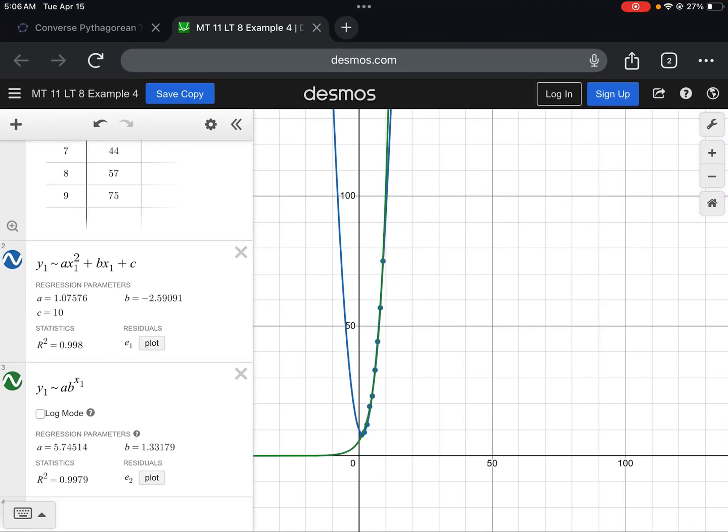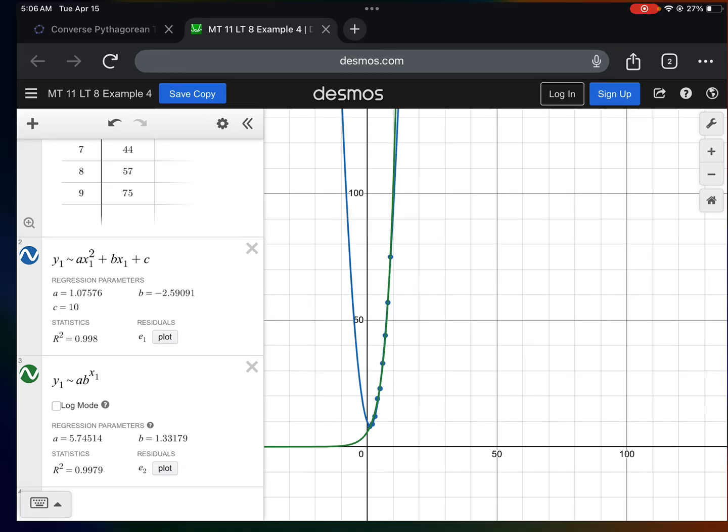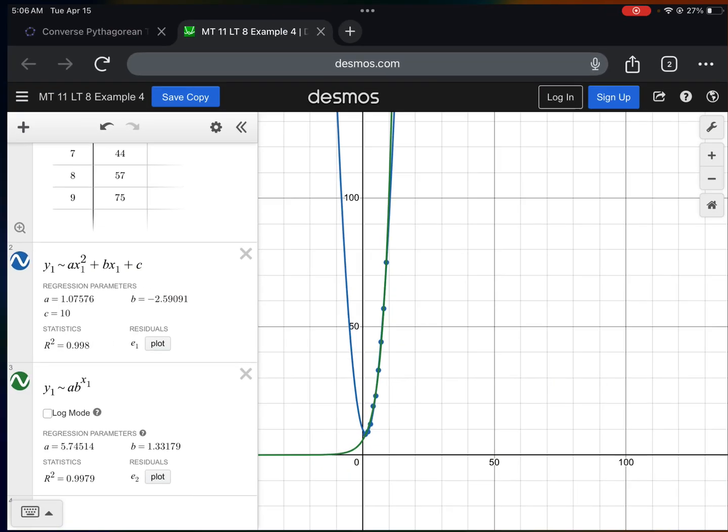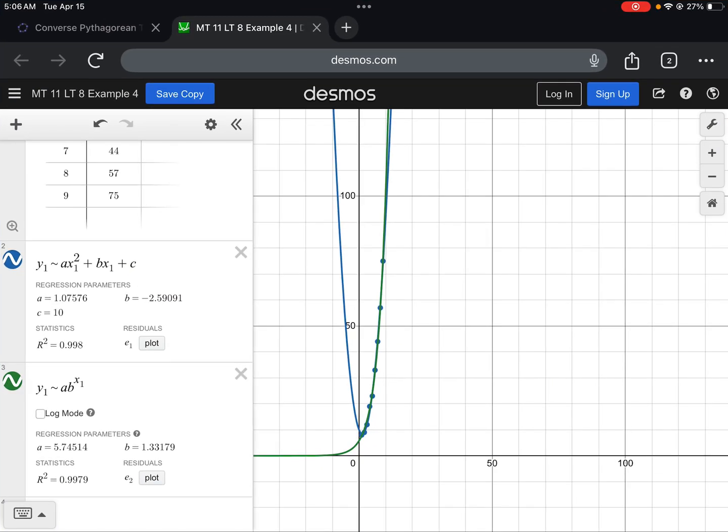Here we go. Minus, plus 1.33x and then minus c.